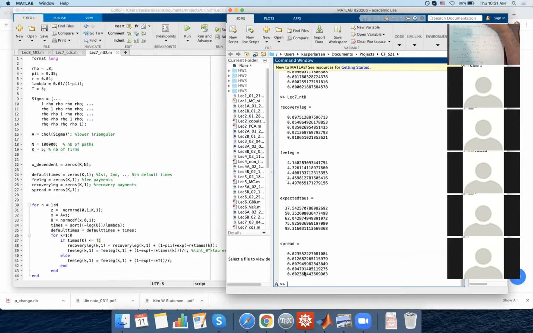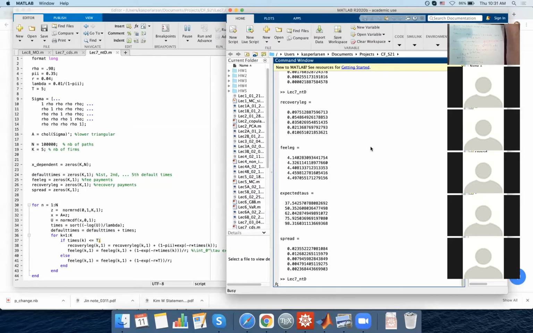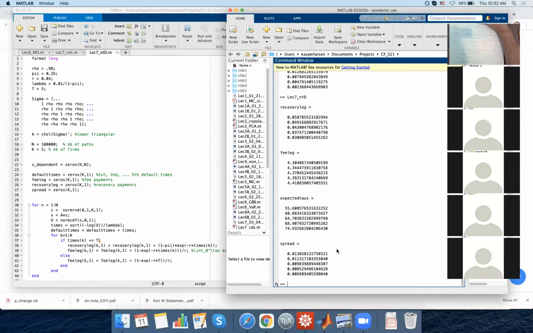It becomes more similar. And indeed, if I go up to say 0.98, we're going to get very similar spreads. That means that as the correlation increases, you're going to carry the same risk because you're paying the same price for them.